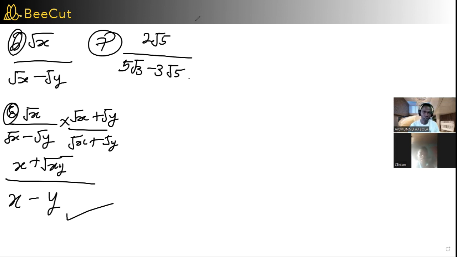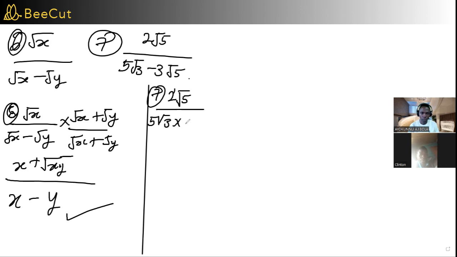So let's try the second one. For this second one, which is number 7, we have the same method. That's 2 root 5 all over 5 root 3 minus 3 root 5, right?